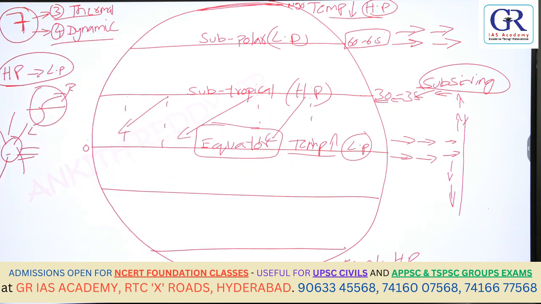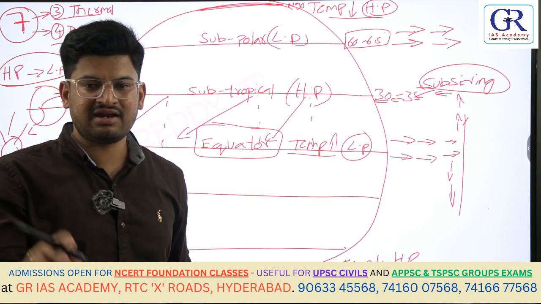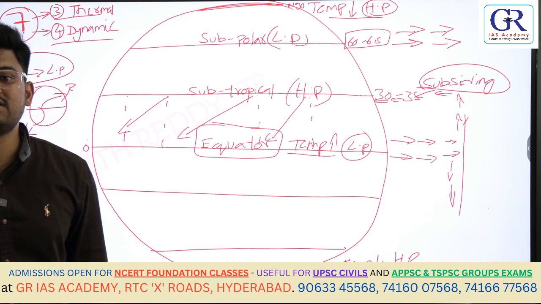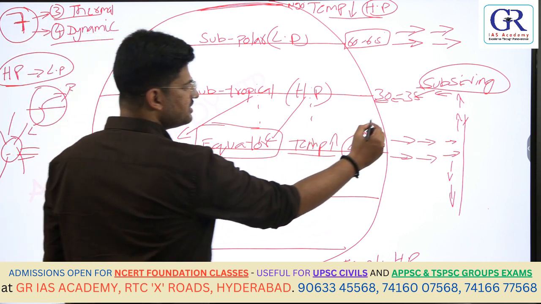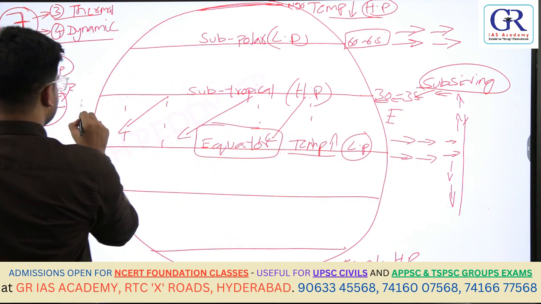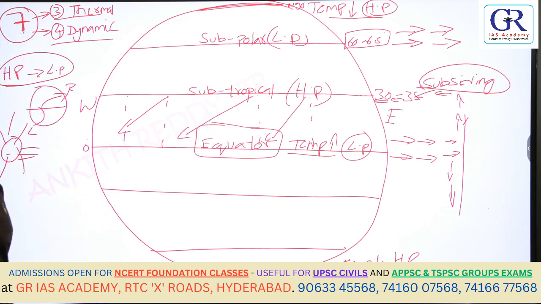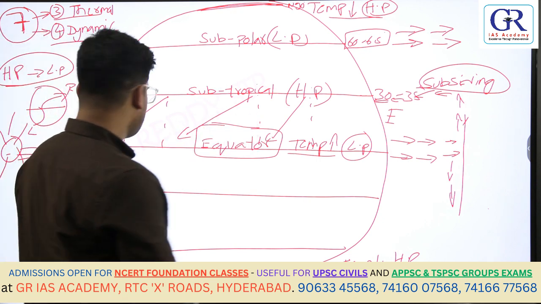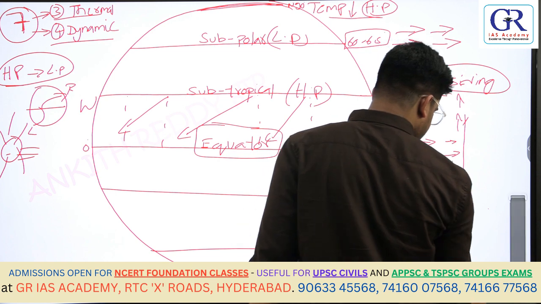Okay. High pressure to low pressure. See, winds are always named after the place where they originate. So in which direction are they originating? They are originating in the east and moving towards the west. So can I call these winds easterlies?